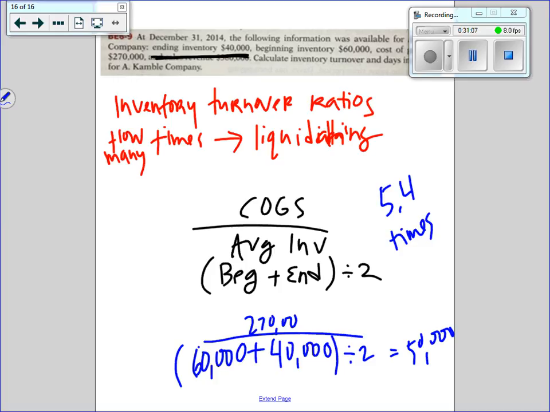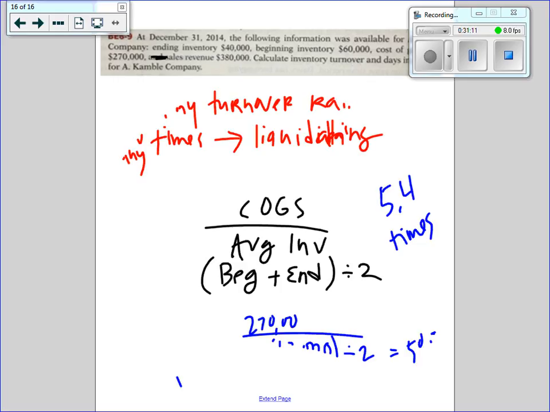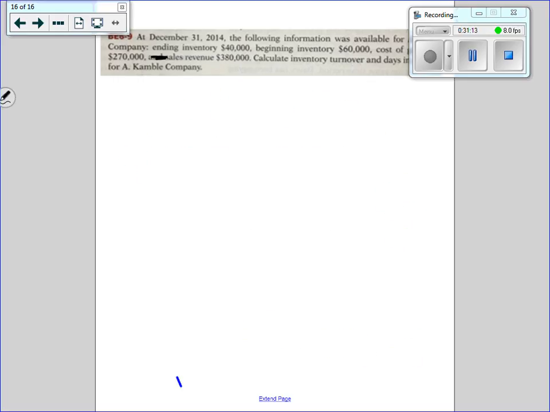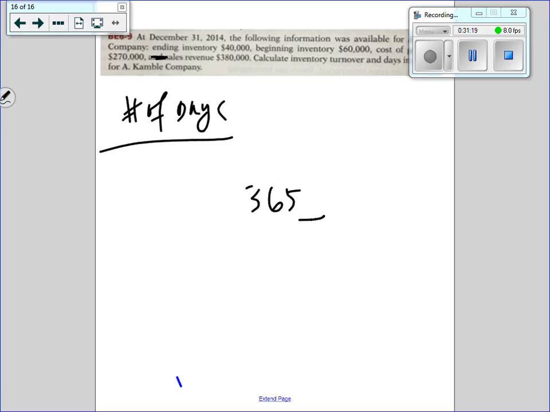So then you can stop and say, well, how many days is it taking us? Number of days, you take 365 divided by your inventory turnover, what you just calculated.